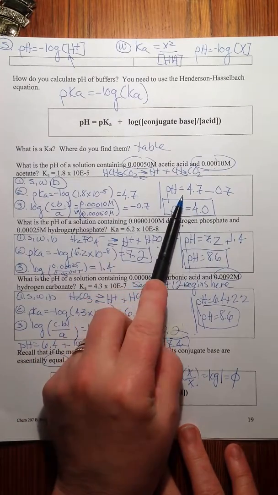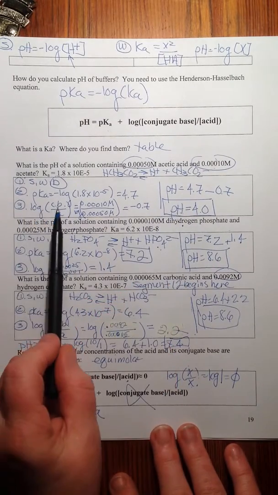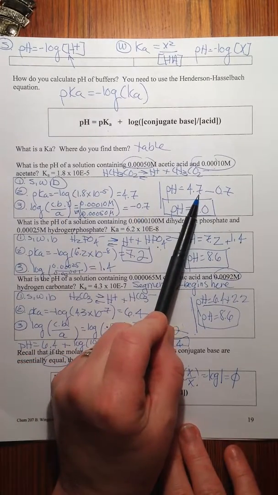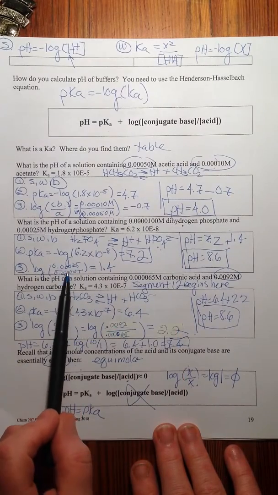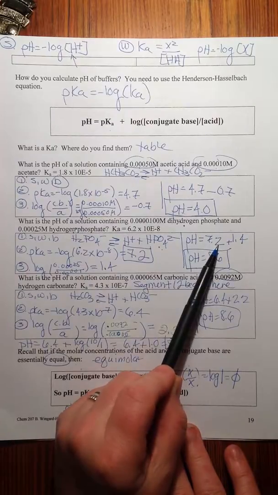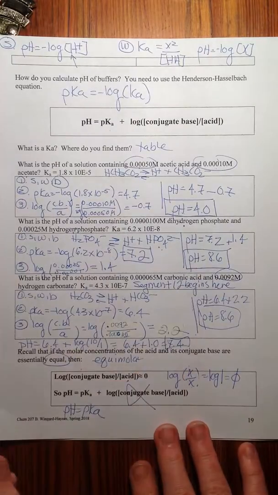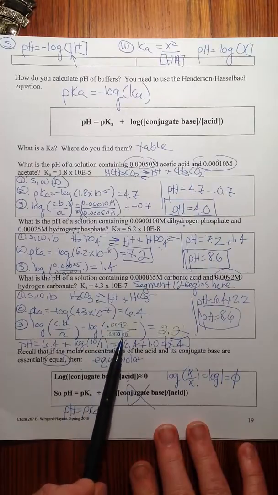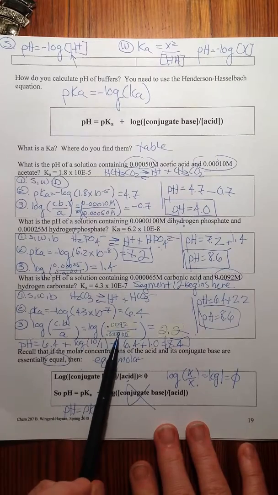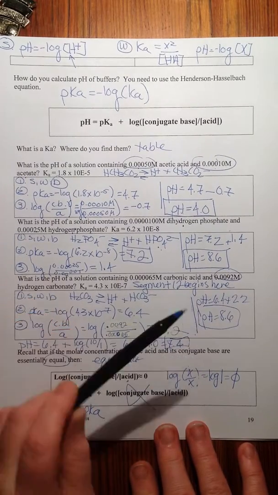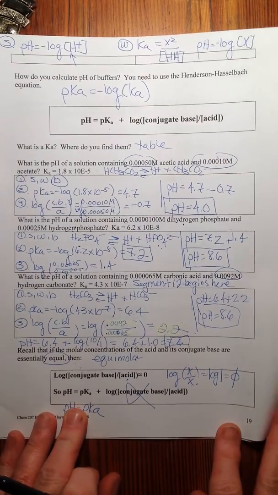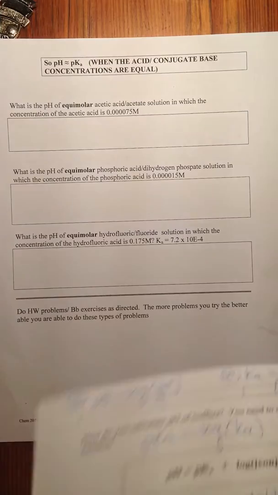Just like up here, if we have equal amounts, x over x, this becomes 0, and we start at 4.7. If these are equal, x over x, this becomes 0, and we start at 7.2. On this one, x over x, if they're the same, we don't care what it is as long as they're the same, log of 1 equals 0, that drops out, and we start at 6.4. So equimolar buffers are nice places to start our math.